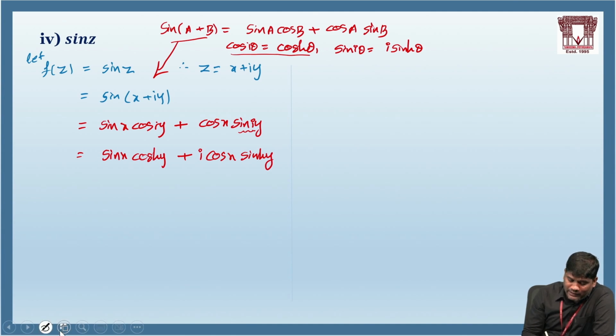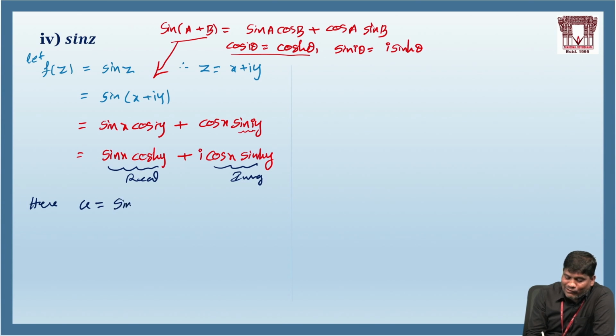So here the real part is this, and this is the imaginary part. Here the real part u is equal to sin x into cosh y. The imaginary part v is equal to cos x into sinh y.